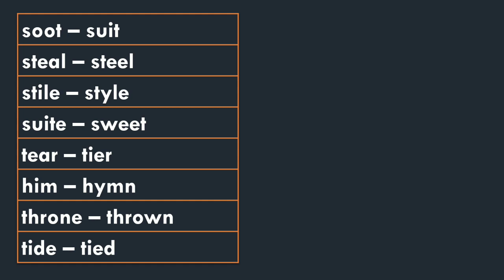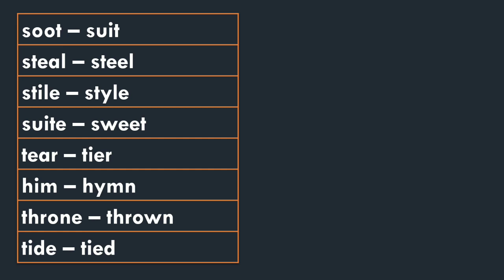Next is him, H-I-M, the objective case of pronoun he, and hymn, H-Y-M-N. Hymn is the religious song sung in praise of God, especially by Christians. Next is throne, T-H-R-O-N-E, and thrown, T-H-R-O-W-N. Throne is a particular seat, a very comfortable royal seat of a king or a queen, which they use for a particular ceremony.